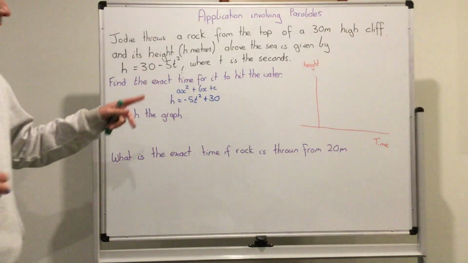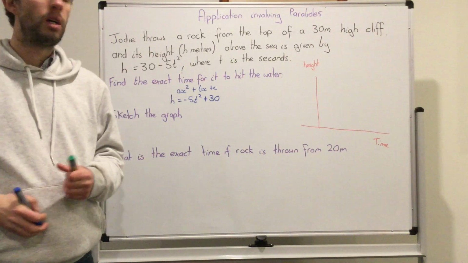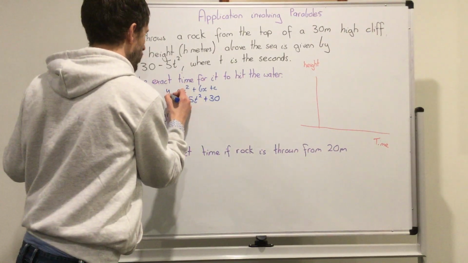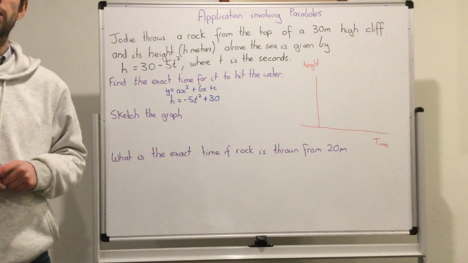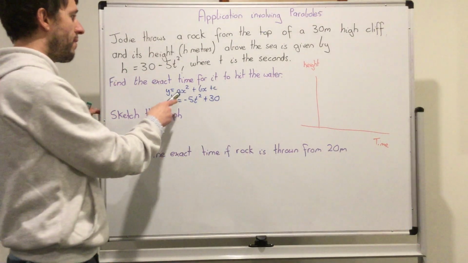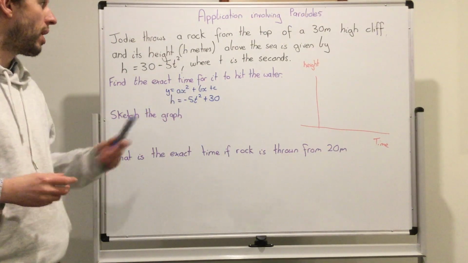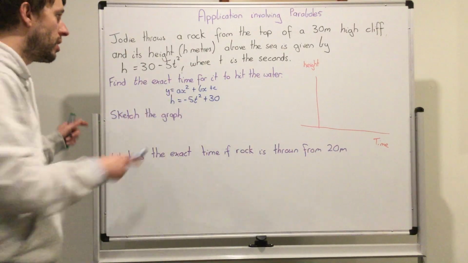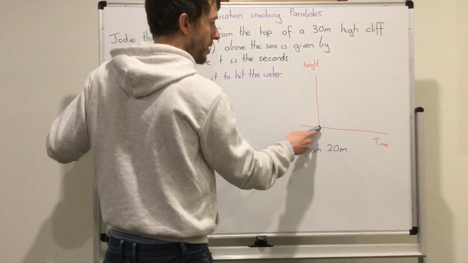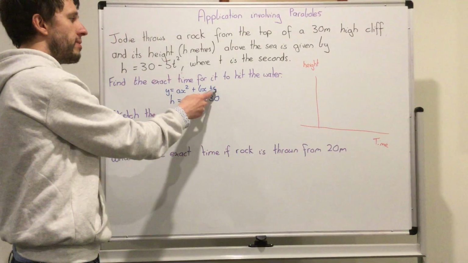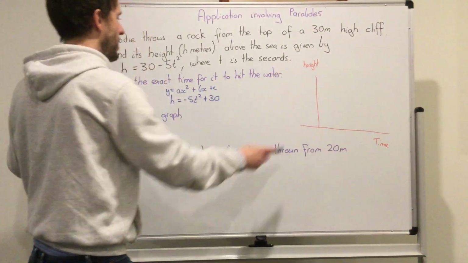Now, if we remember about the quadratic, for us to know what y would be, we have x equals 0. If x is 0, that leaves us c, and that will tell us the y-intercept.